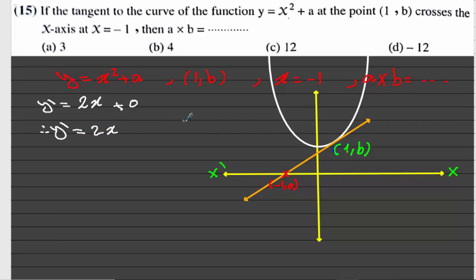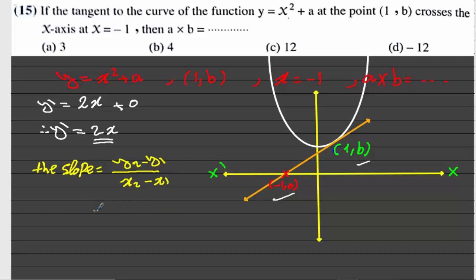Okay, but the tangent passes through the two points (-1, 0), which is given, and (1, b). So now we can calculate the slope using these two points, because the slope equals, it is a rule, y2 minus y1 over x2 minus x1.